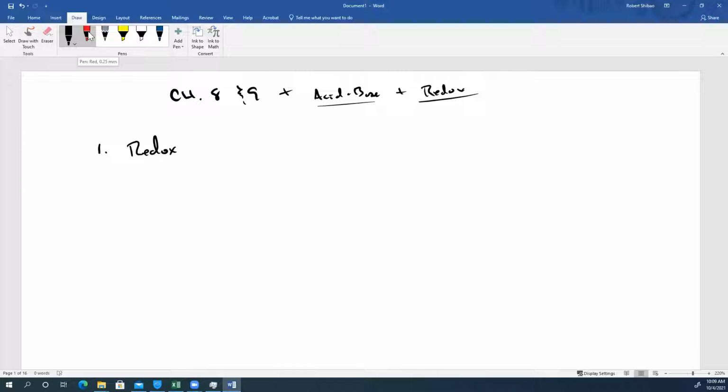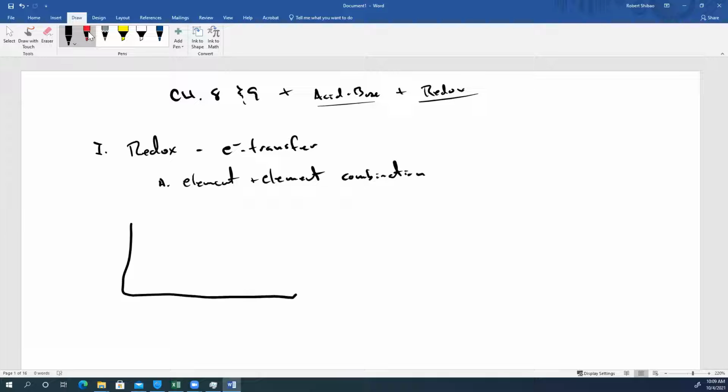The first type of redox reaction that we'll look at is going to be the element plus element combination. Now, what redox reactions are, these are electron transfer reactions.